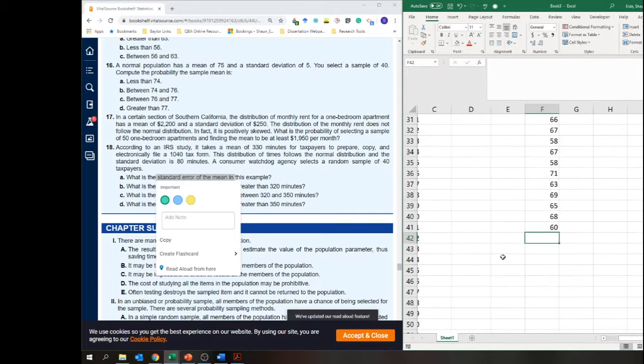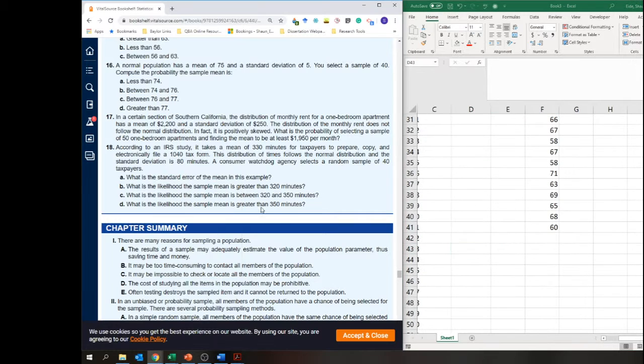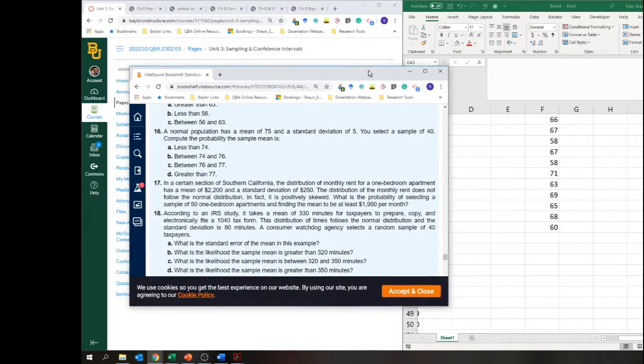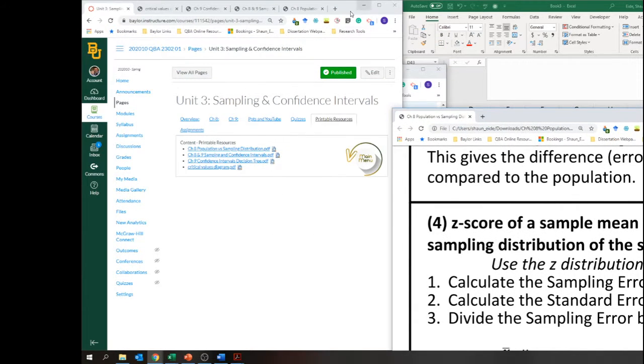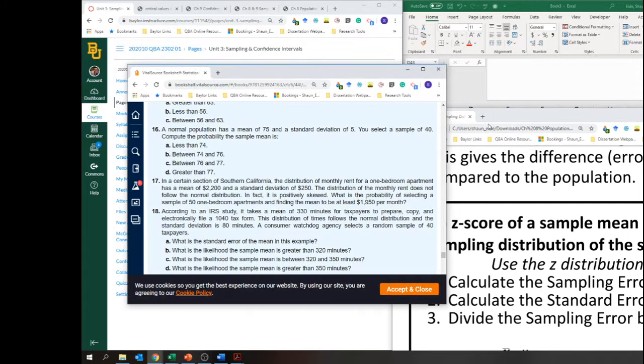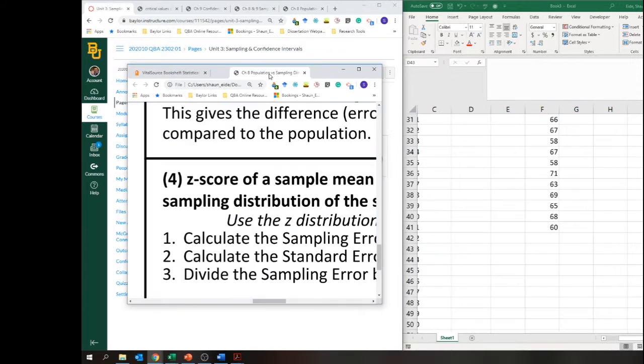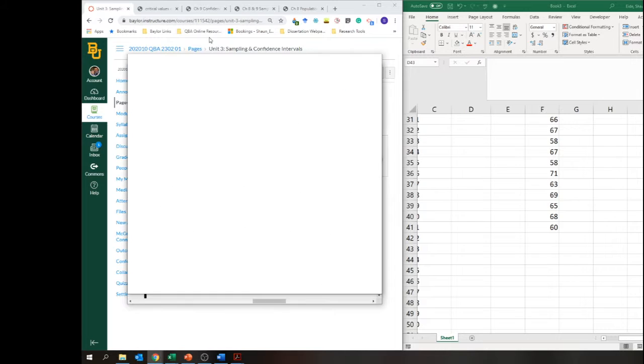So let's scroll down. Once again, let's go to our sheets that we have downloaded. Better yet, let's do this.